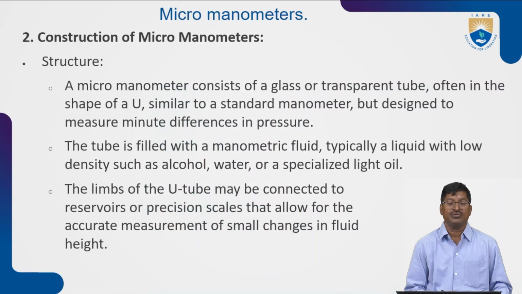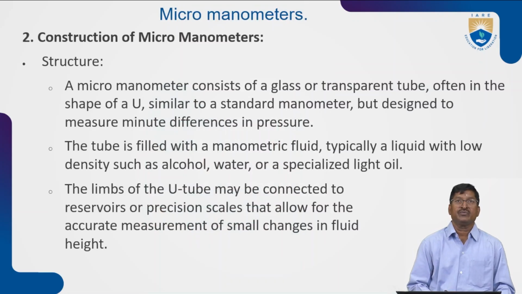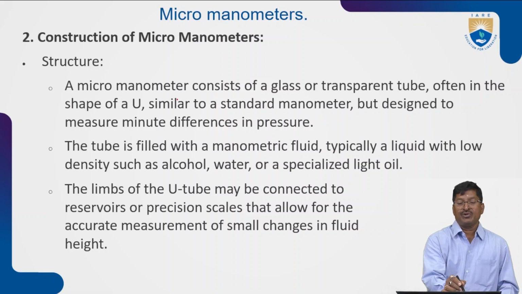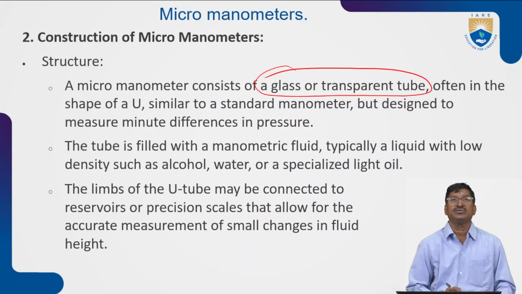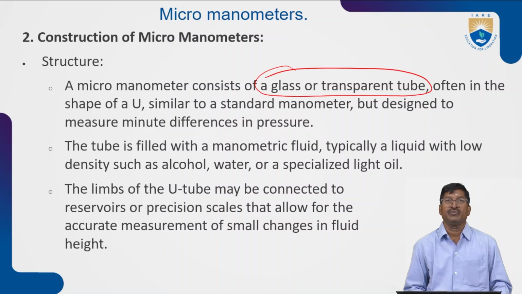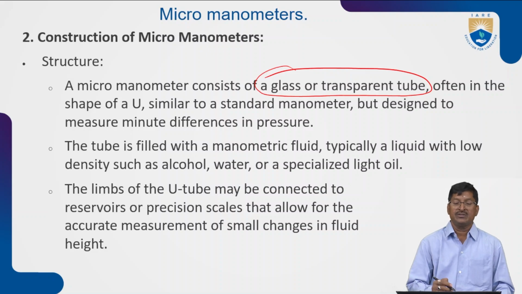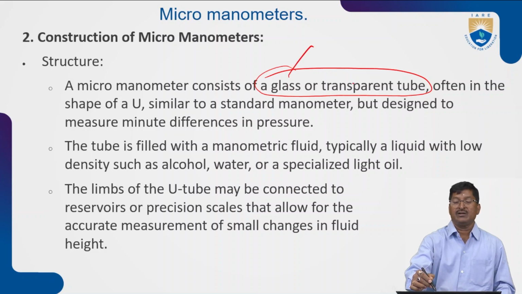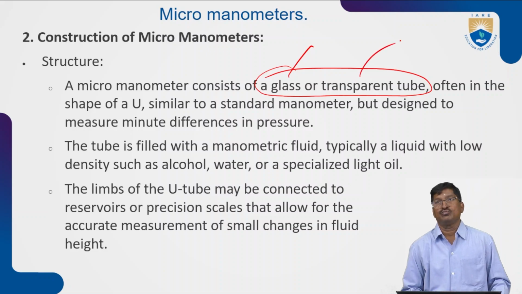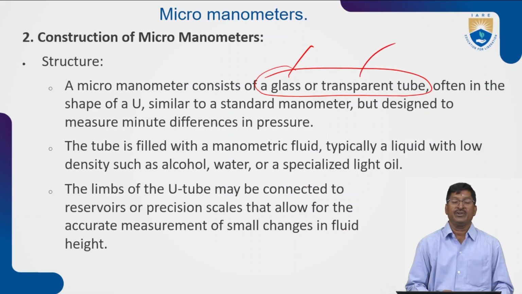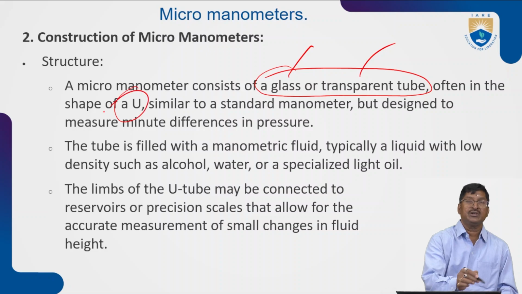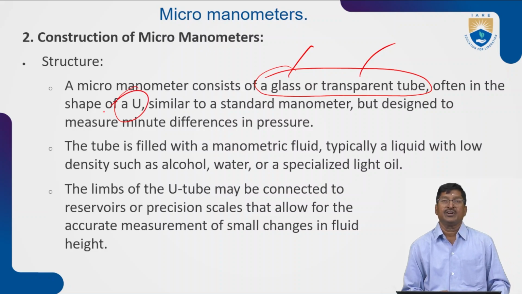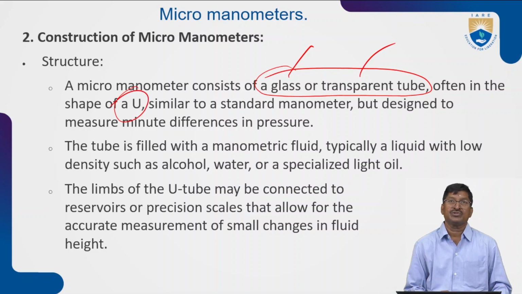Construction. So how is it made? Okay. If you see it, a micromanometer consists of a glass or transparent tube. So these micromanometers are manufactured using glass material or a transparent tube. Often it is in the shape of a U, just like a normal tube manometer or differential tube manometer.